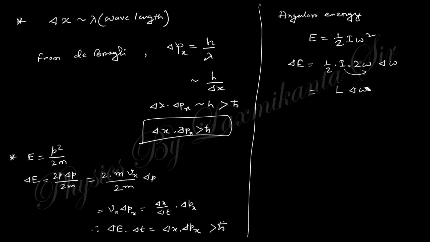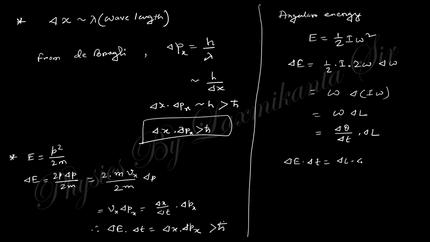So omega is nothing but delta theta by delta t into delta L. So you will get delta E into delta t equals delta L into delta theta.